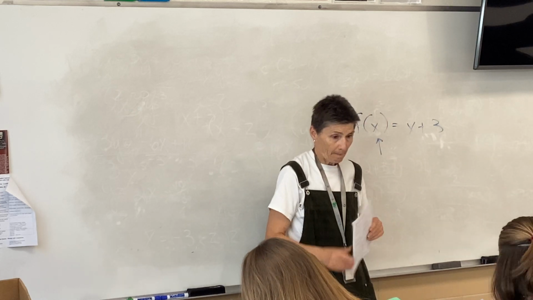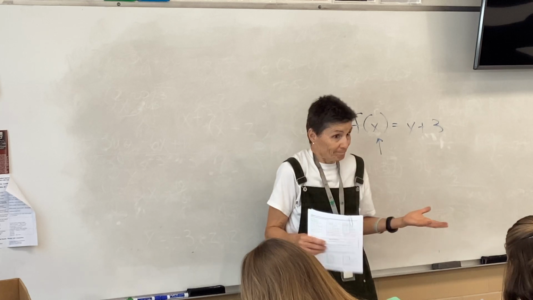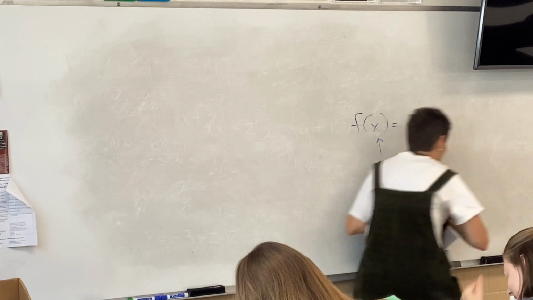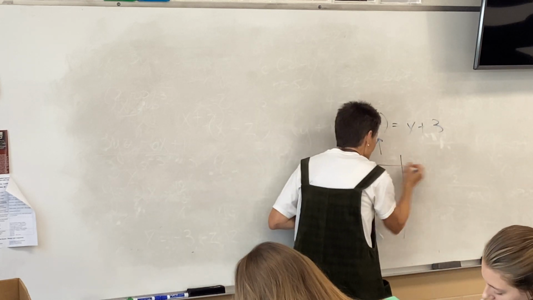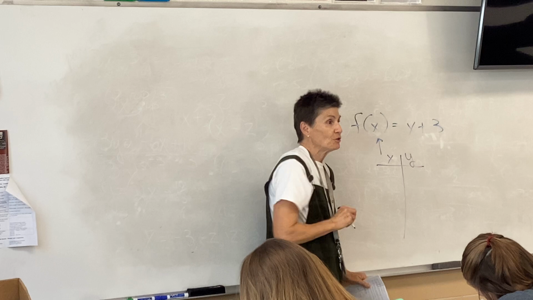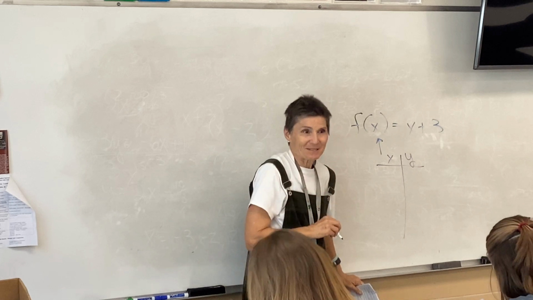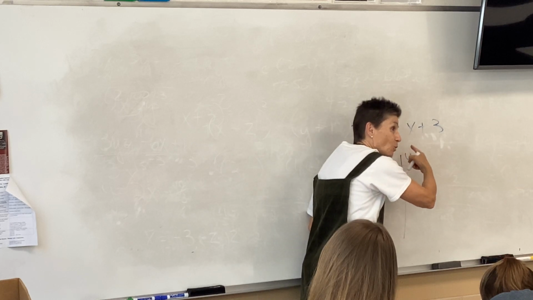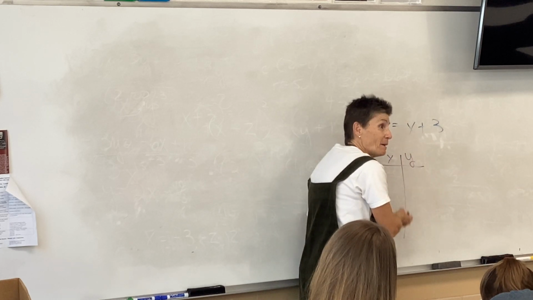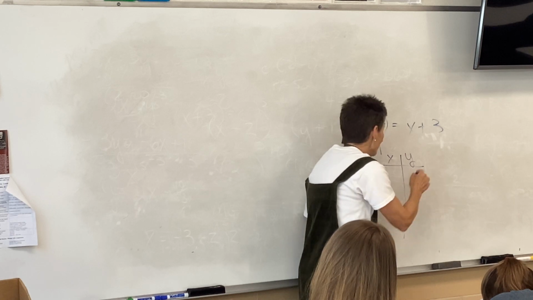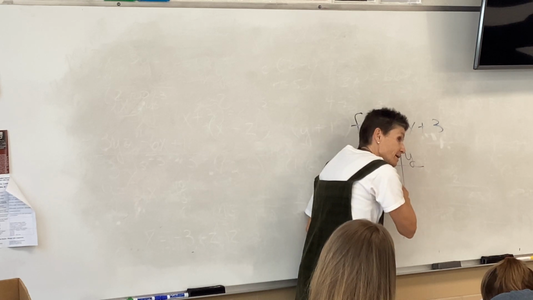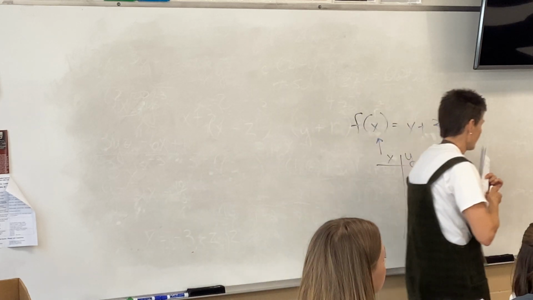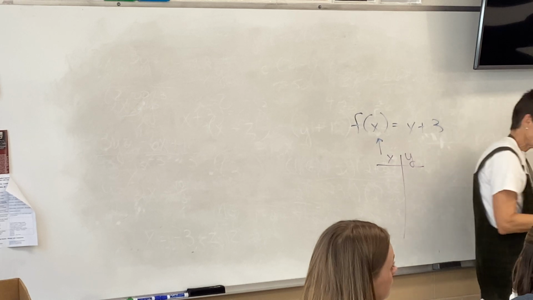The dependent variable all depends on what the input variable is. Yeah, way back when you were little, and you had to graph something like this, you set up a T-chart, right? And what did you do? You put in some X's, right? And then you use those X's to determine your Y's. So these were independent, these were just made up, but these depended totally on these. So your range variable is also called your dependent variable.